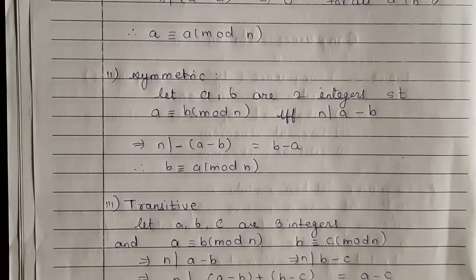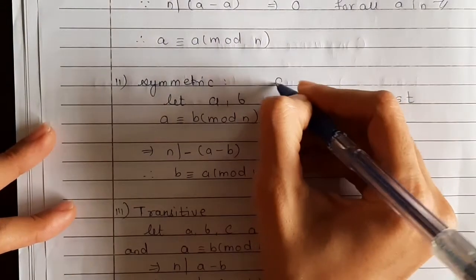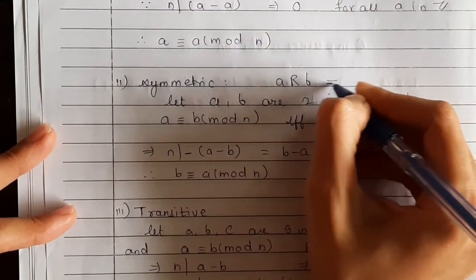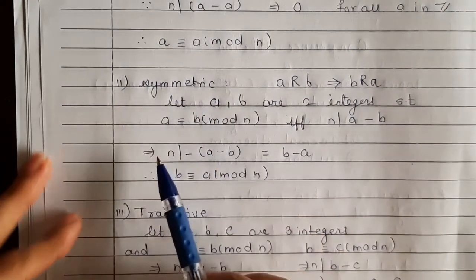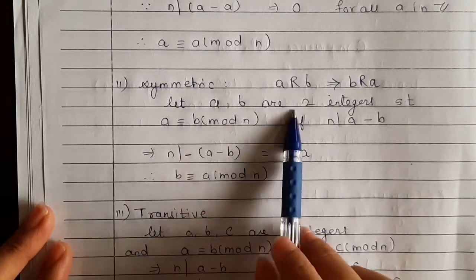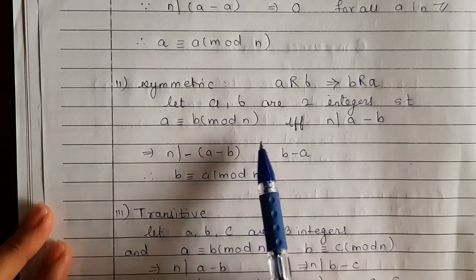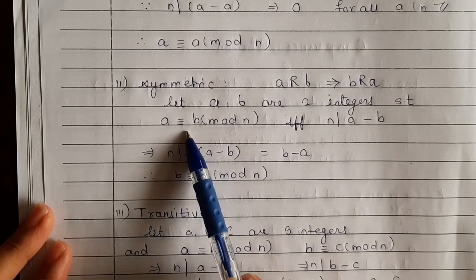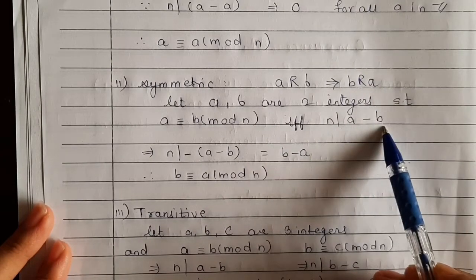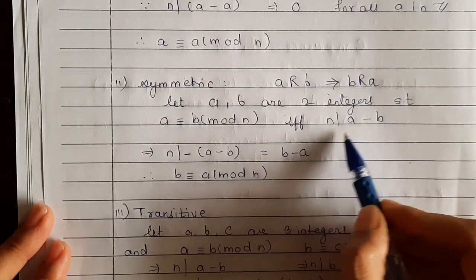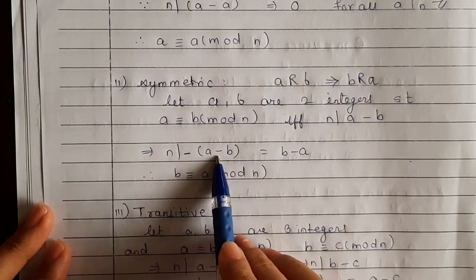Let's move on to the second, symmetric. In this we have to show that if a is related to b, then b is related to a. So we take a and b two integers, and apply the definition of congruence modulo n, that is a is congruent to b mod n if and only if n divides a minus b. Applying a minus sign, n divides minus of a minus b.